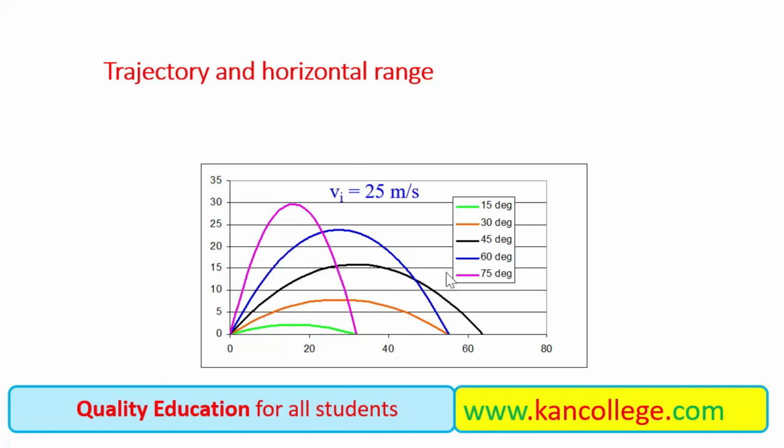And similarly, if we increase the angle to 60 degrees, the ball comes back sooner, so the horizontal range decreases, and at 75 degrees, the horizontal range decreases further. It means that the maximum horizontal range can only be achieved at an angle of 45 degrees.